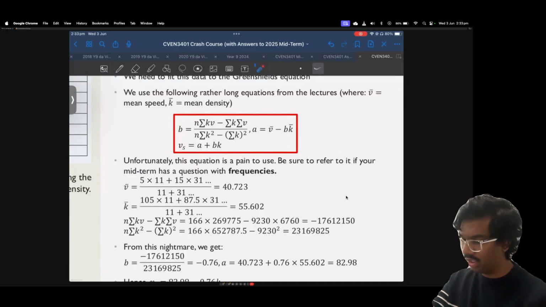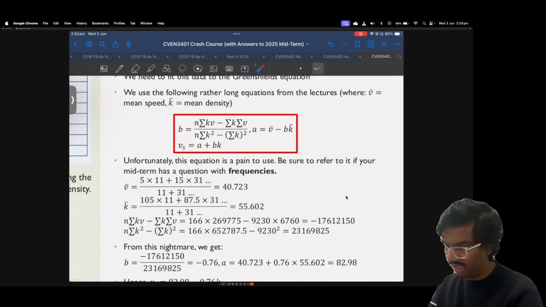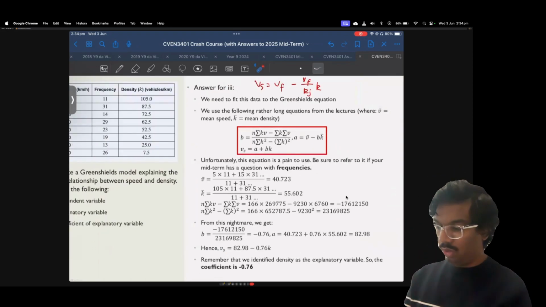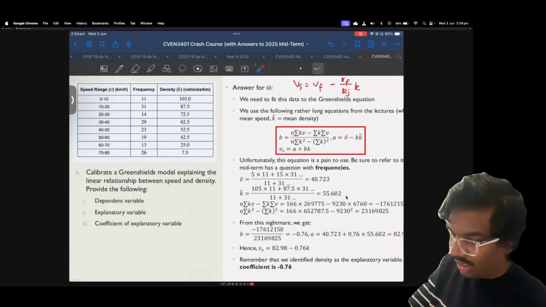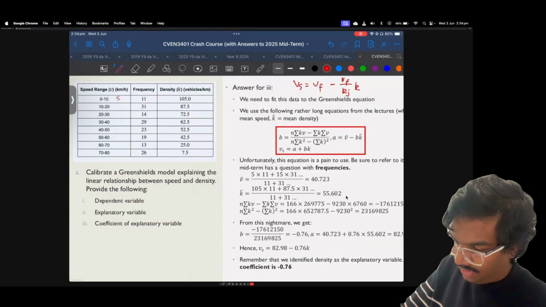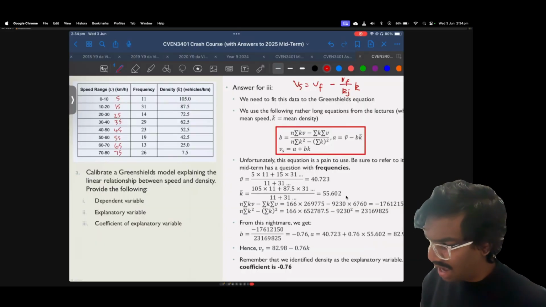First we're going to find A. A is the average of all the speeds minus B times the average of all the densities. So V is going to be 5 times, using the midpoints: 5, 15, 25, 35, 55, 65, 75. So 5 times 11, 15 times 31, 25 times 14.